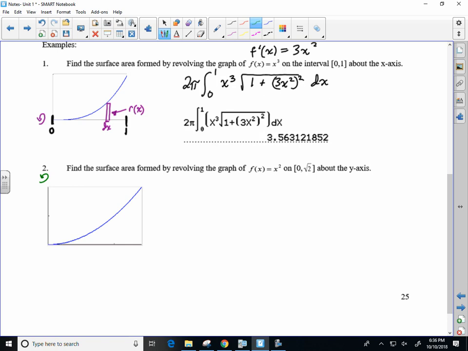So that means that we're looking for y stuff, changing our perspective. So our arbitrary rectangle dy, that represents our radius. Now that radius is going to be a function in terms of y.